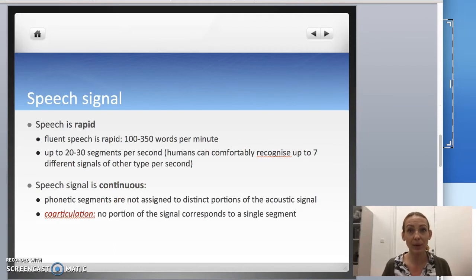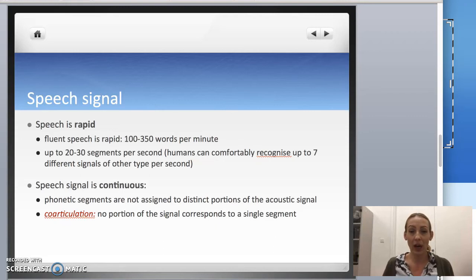To say a little bit more about this, when I say speech is rapid, I mean it's really rapid. It's faster than any other type of signal that we are used to processing. We say anywhere between 100 to 350 words per minute. That means up to 20 to 30 segments or sounds, separate sounds per second.